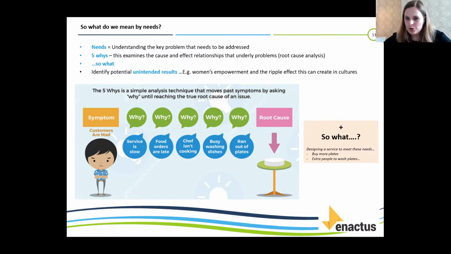We need more people to wash the plates maybe. And if you can consider both your intended outcomes, so the outcomes for your target group, and the unintended outcomes, so how other people are being affected, then what is really good is you can prioritize the outcomes that will matter the most, and you can put strategies in place to mitigate your negative outcomes. So like we're saying, you might employ more people to clean the plates.